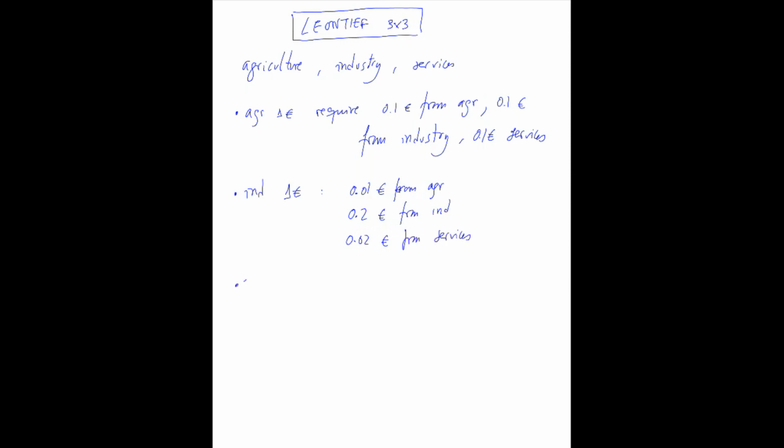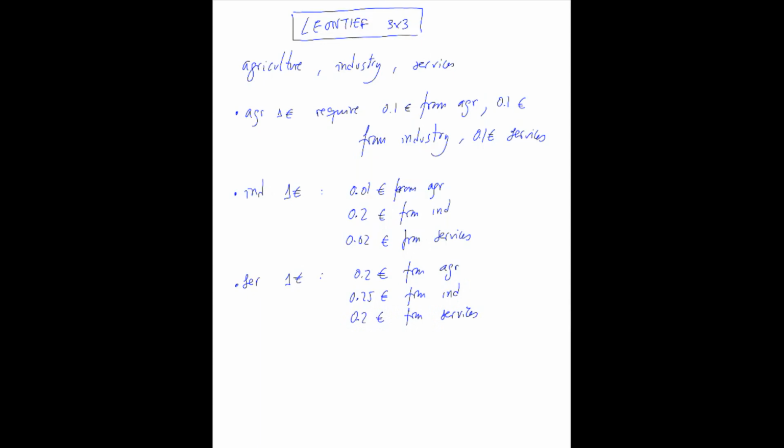Finally, services will produce one output of €1 using 0.2 euros of agriculture, 0.25 euros of industry, and 0.2 euros of services.